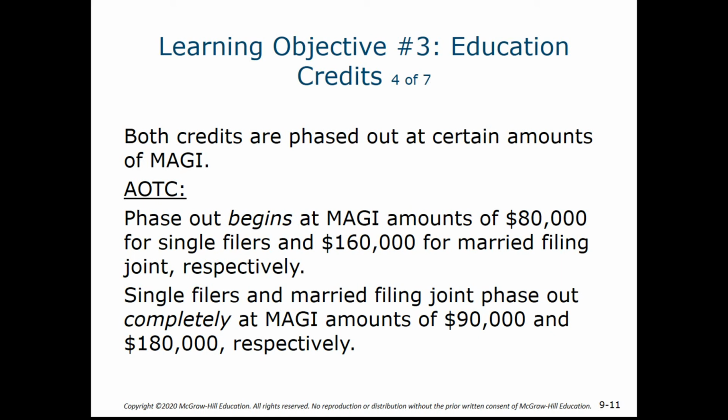Single filers and married filing joint phase out completely when these amounts reach $90,000 and $180,000 respectively. So another way to put this is the range for single filers is $80,000 to $90,000. The range of phase out for married filing joint is $160,000 to $180,000.